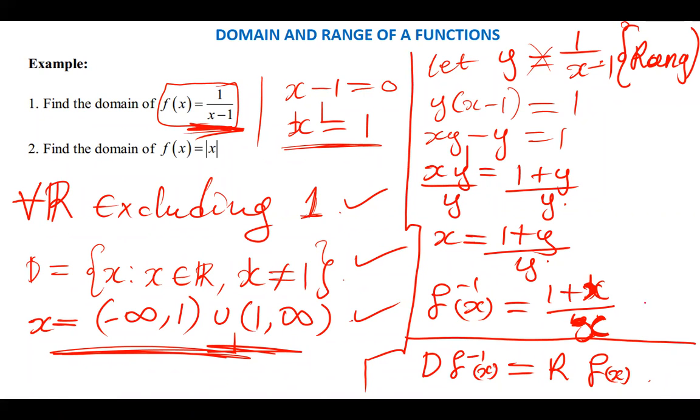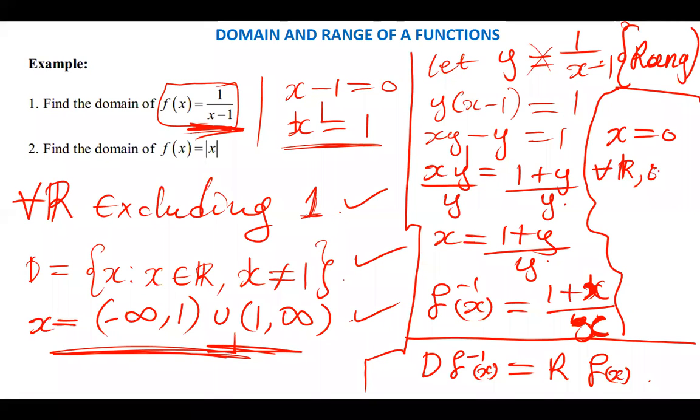So what is the domain of this function? To find the domain of a rational function, we said we have to equate the denominator to 0. So we're going to equate x to 0. Hence, the domain is going to be all real numbers excluding x equal to 0. So all real numbers excluding 0.